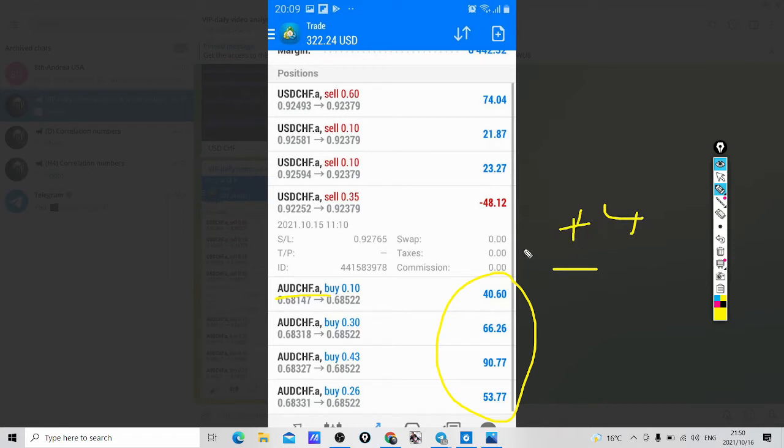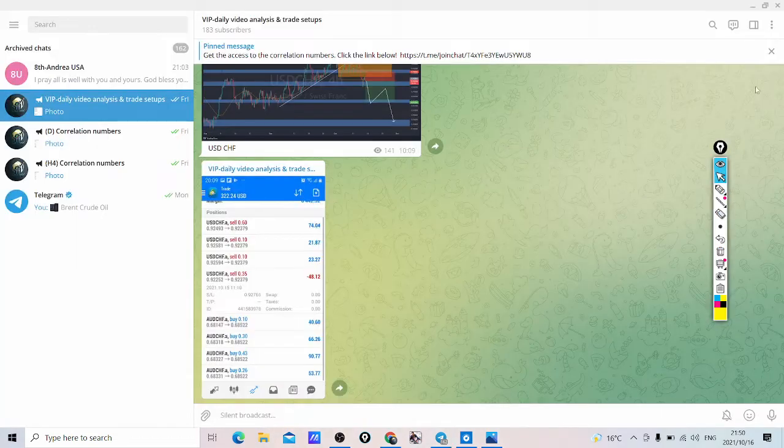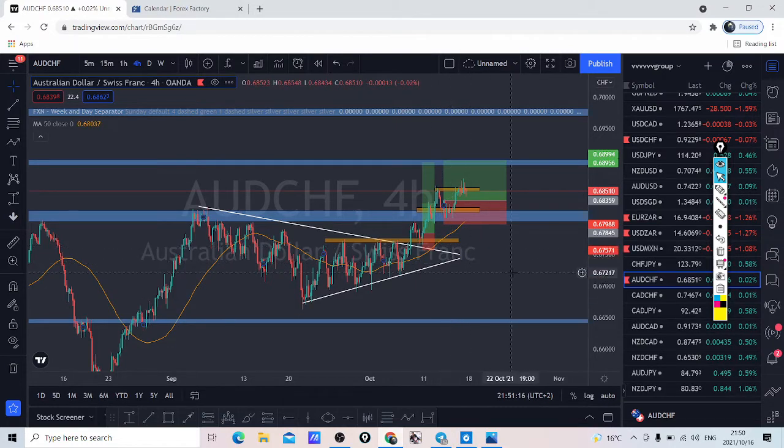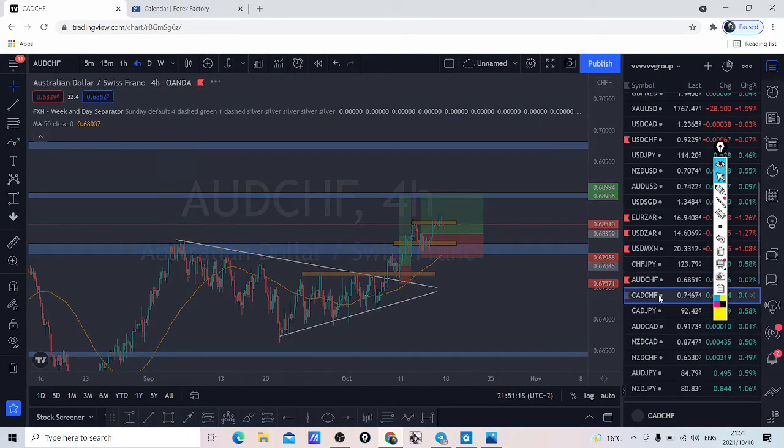I don't see an upward strength. Before it was sitting at +5, but now it's sitting at +4. That means the market is losing momentum. So maybe we are going to be kicked out at break-even on this one. Maybe I'm going to close at break-even.